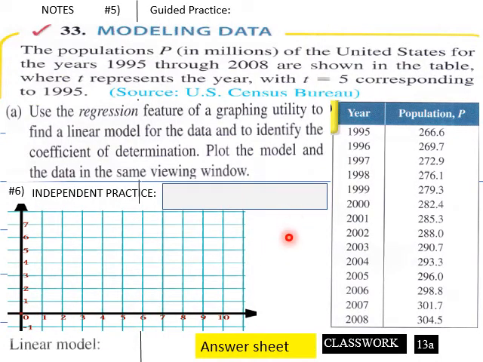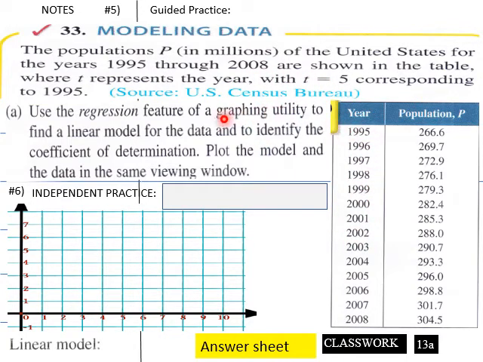Okay, into our problem here, our guided practice. We have a word problem here. Populations in millions of the United States for the years 95 through 2008 are shown in the table where T represents the year. So here is our T here, but T equals 5 corresponding to 1995, which is here.